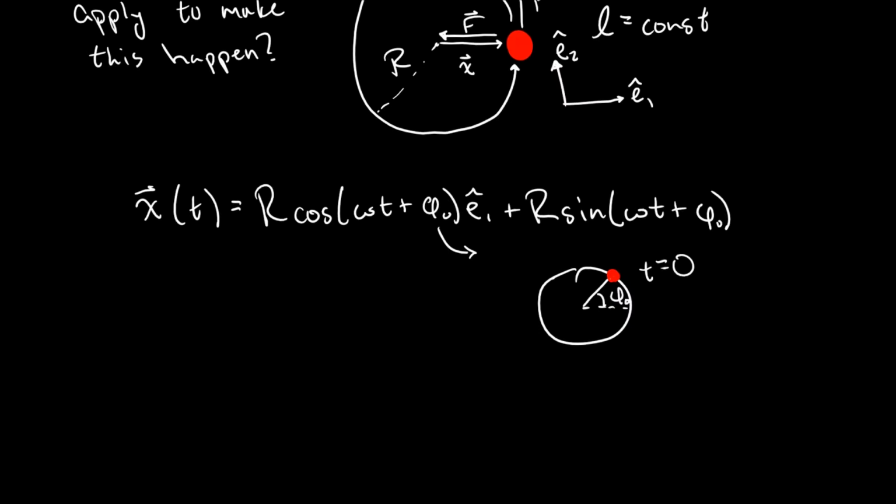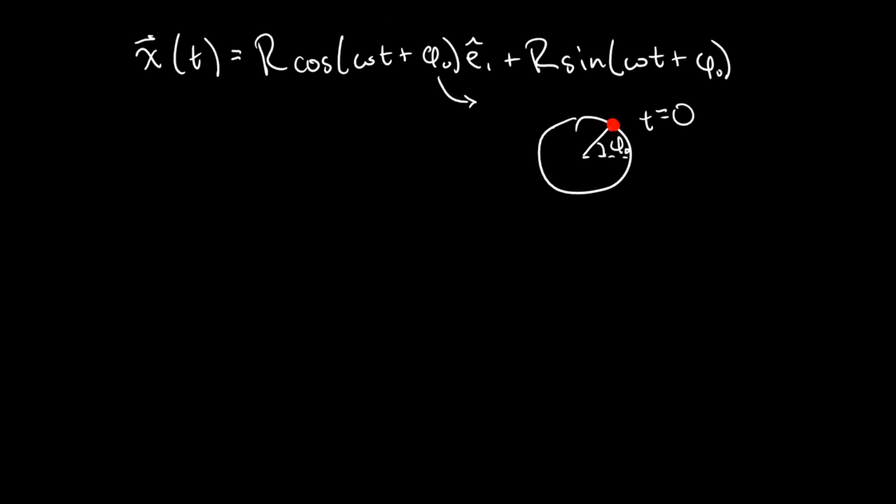So what's omega? How can we interpret omega? Well, the argument of these sines and cosines is going to give me the angle that this guy is at, right? So at some later t, it might look something like this, where this is phi of t, and my mass is sitting somewhere like here.